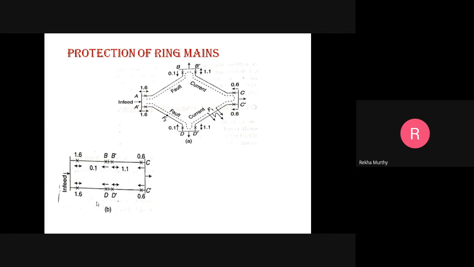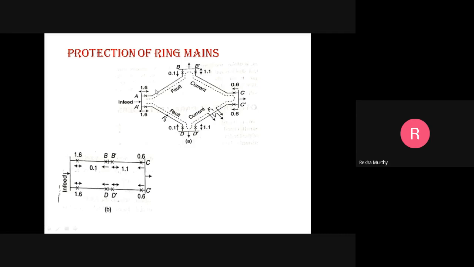In this figure, the loads, though present, are not shown on these buses A, B, C, D. To make the figure simple, we have taken this part of the circuit, in between the in-feed line and coming up to the C C dash position.